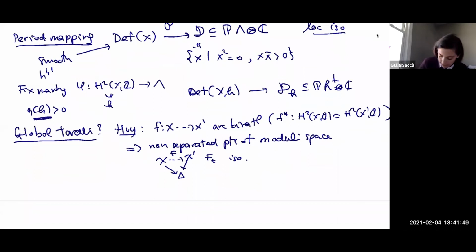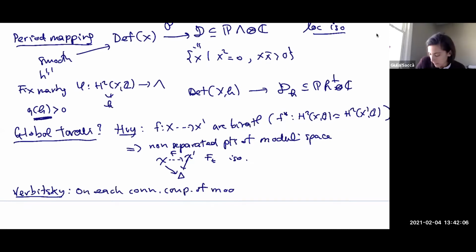And in fact, this is basically the only thing that can go wrong on each connected component of the moduli space of marked pairs.